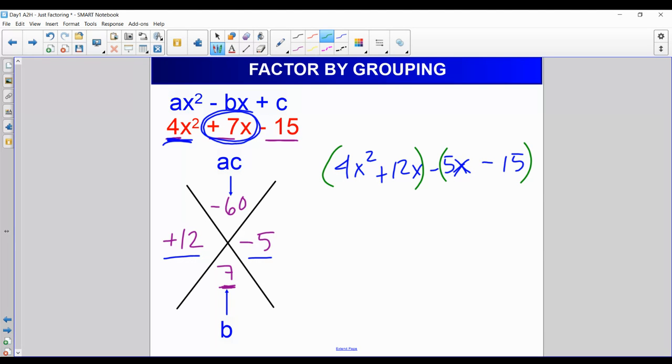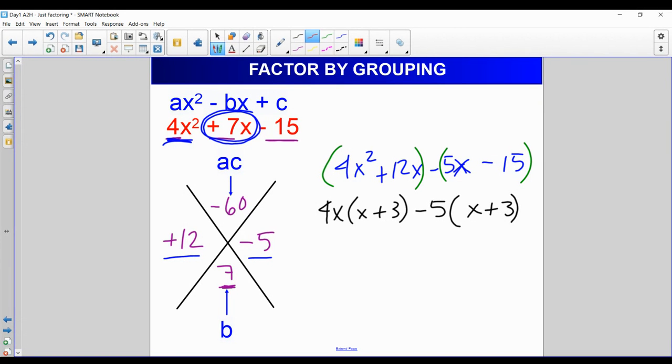Okay, then I'm going to look at what I can factor out. Well, in the first group, I can factor out 4x, which leaves x plus 3. In the second group, I can factor out a negative 5 and also leave x plus 3.